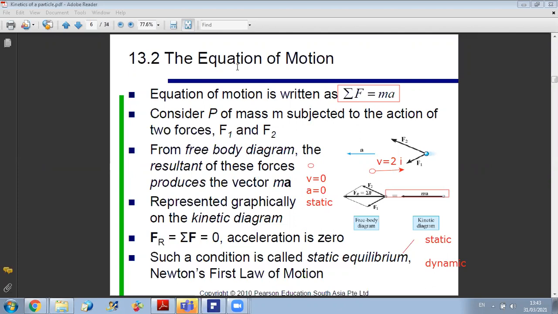So here the V vector, let's say, is equal to 2i. Then my particle is moving at a constant velocity vector. So it has a velocity, but because this vector is constant, its acceleration vector is 0. So this is dynamic equilibrium. Yes, thank you. Welcome.